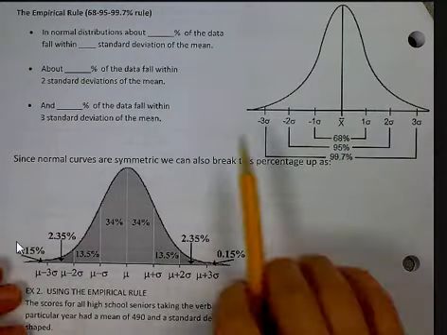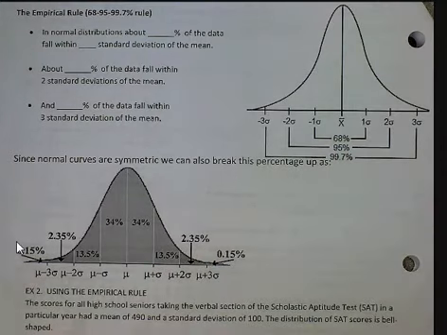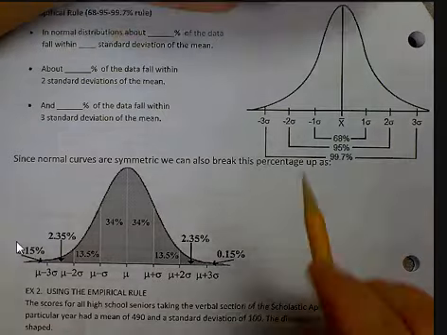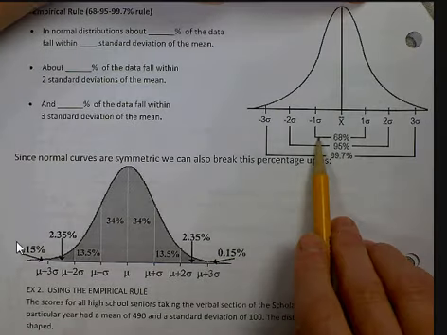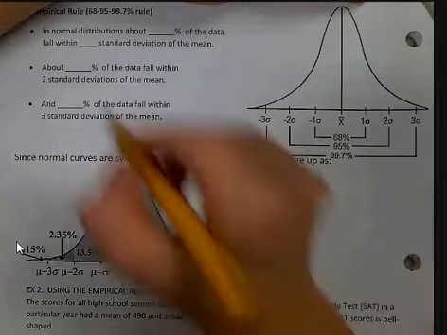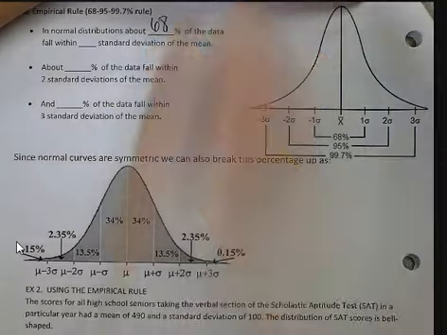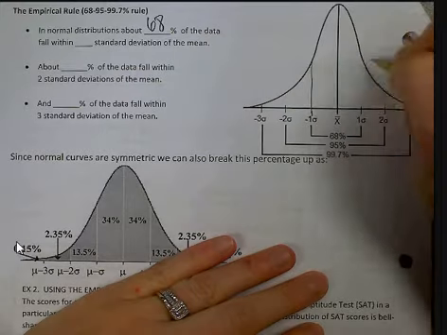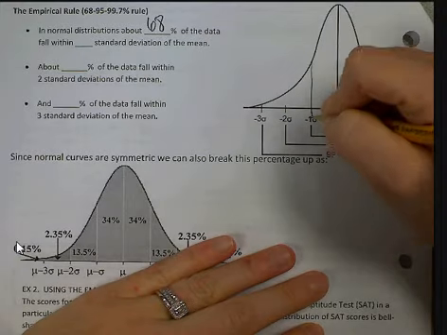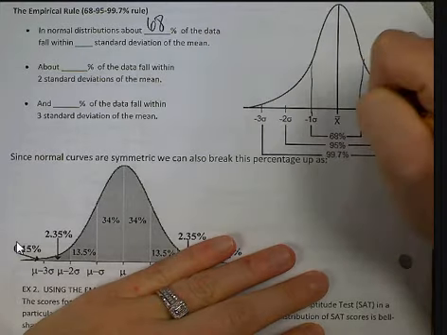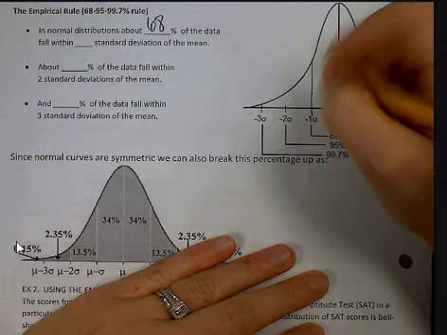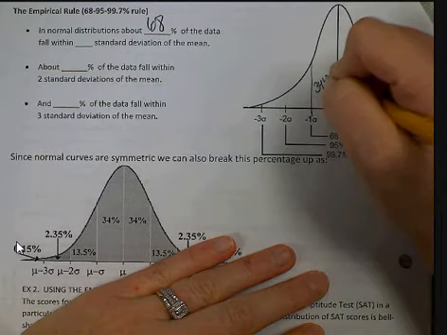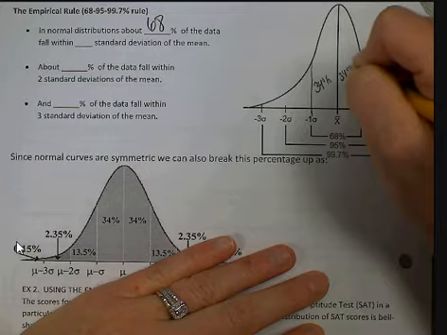So when we have data that is about normally distributed, about 68% of our data is within 1 standard deviation away. So what that actually means for us is that if negative 1 standard deviation to positive 1 standard deviation, 68%, here's 34%, and here's 34%.